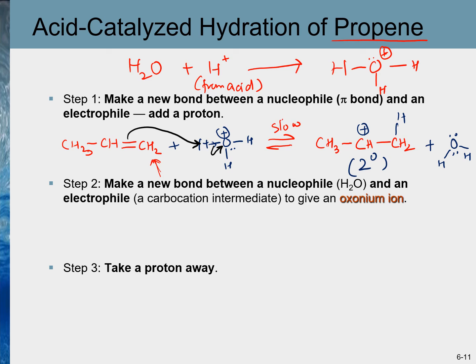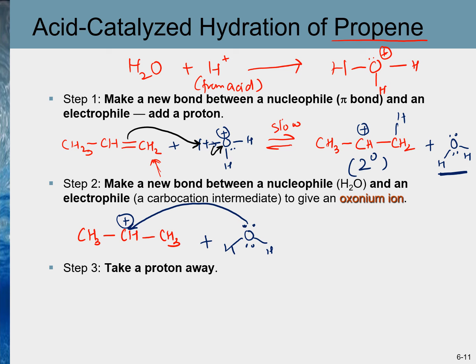In the second step, a nucleophile, which is water now, will attack the newly formed carbocation, because the carbocation now acts as an electrophile. The oxygen atom in water has two lone pairs of electrons, and these lone pairs act as the nucleophilic source, and the carbocation acts as a sink.